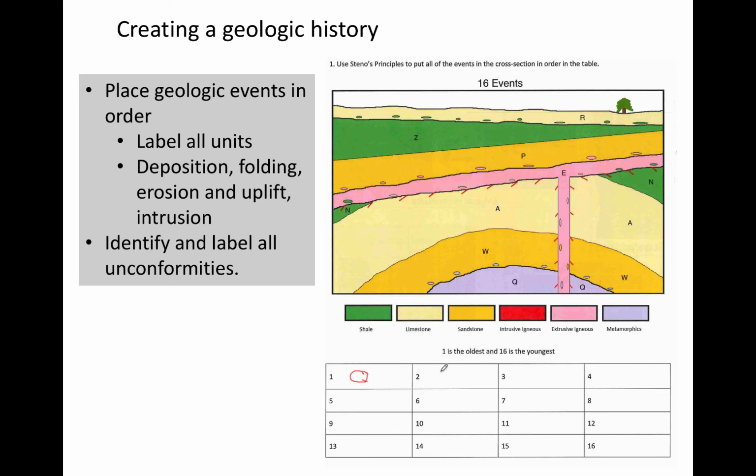We have Q, we have erosion, we have W, followed by A, followed by N. Now we have to have warping of these layers, so we'll have folding.